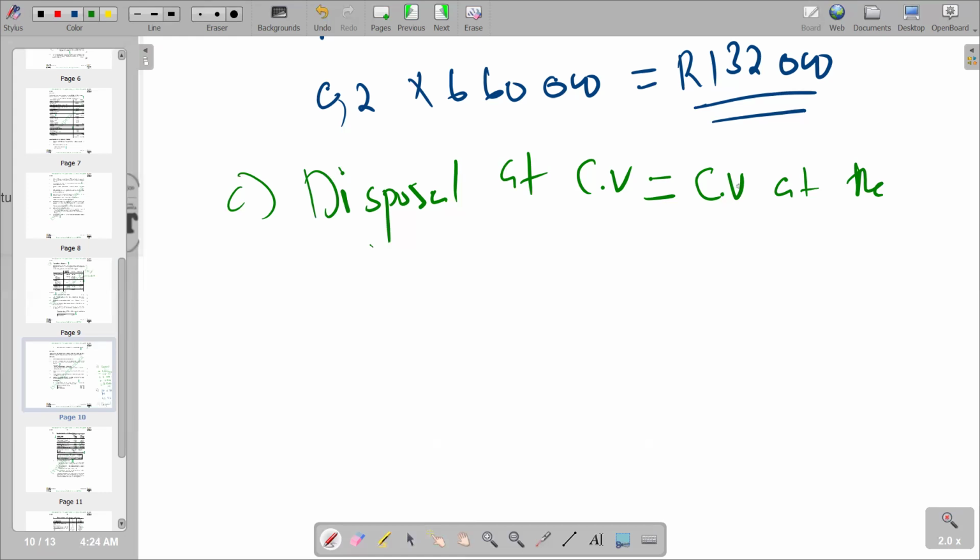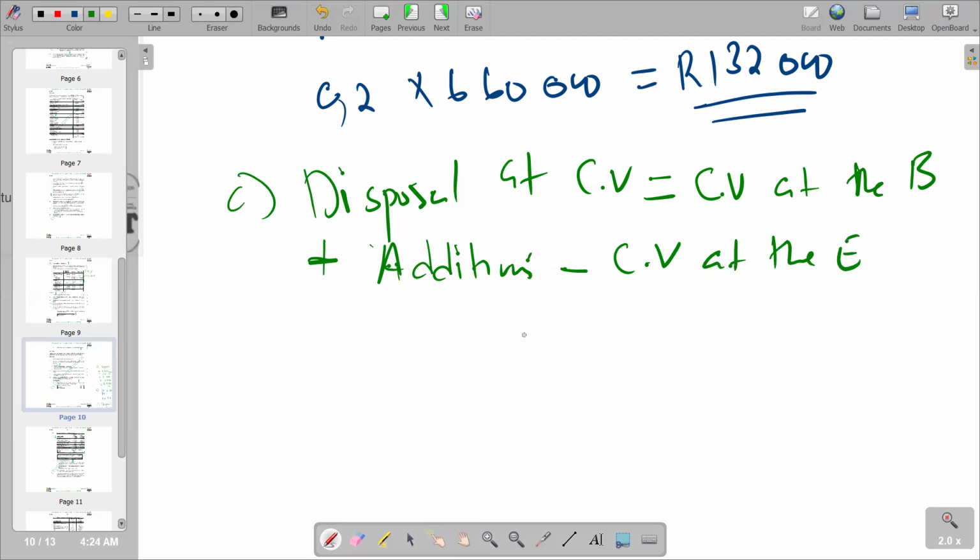So here we are saying carrying value in the beginning, and then we add any additions that are there. And then we subtract carrying value in the end. And also we subtract depreciation for the year.